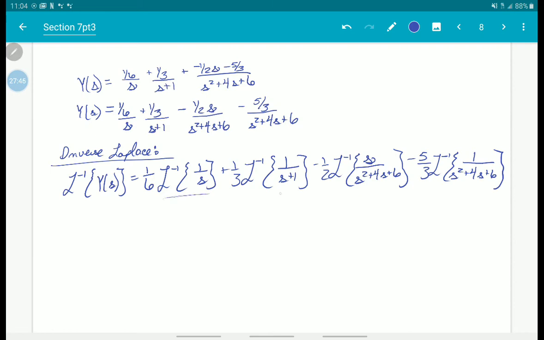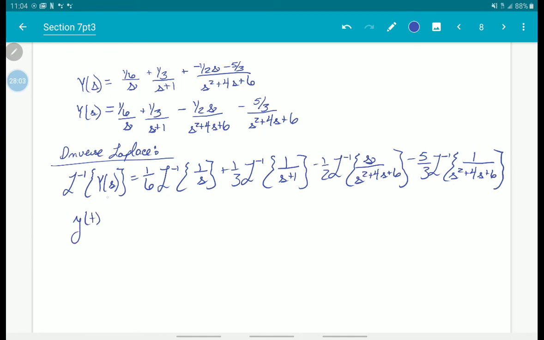So this guy's pretty easy. This guy's pretty easy. Those are straightforward, straight from the table. This one and this one's going to take a little tweaking. So let's go ahead and write in everything we know, and then we'll tweak what we need to where necessary.